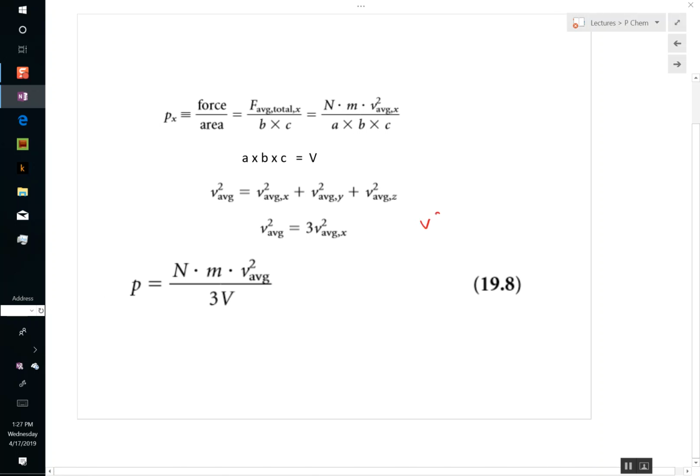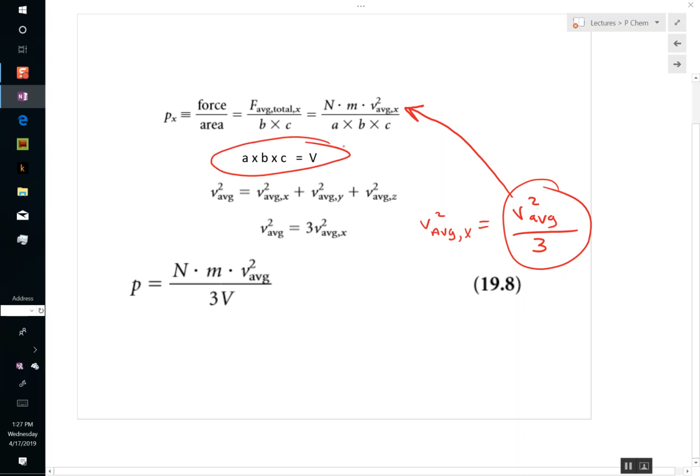That v squared average in the x direction equals the overall v squared average divided by 3. So we're going to plug this in place of that, and we get down to this equation.